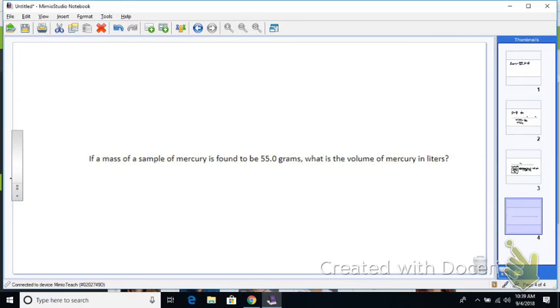It's just a conversion. So I know the mass of mercury, I know the density of mercury. So see if you can convert and determine the volume. And it tells you that liquid mercury is 13.6 grams per milliliter.